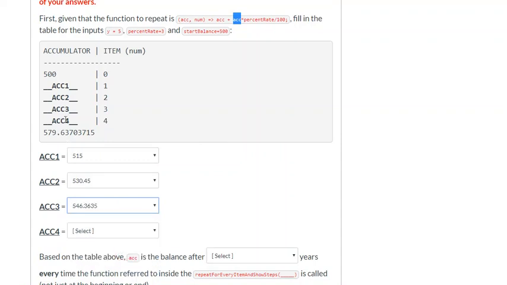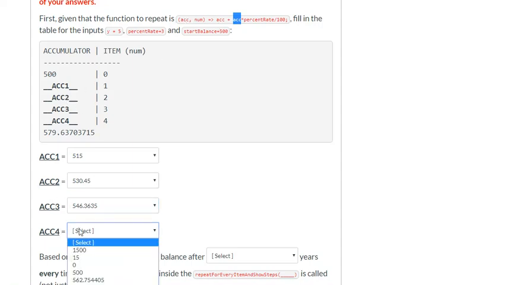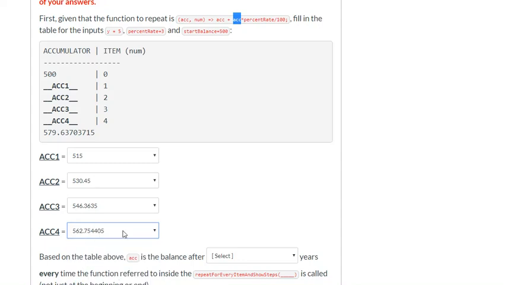Finally, we plug this value into the accumulator and we get 562.754405. And then the last time around, it plugs that in again, and you will get your final answer here of 579.63703715.